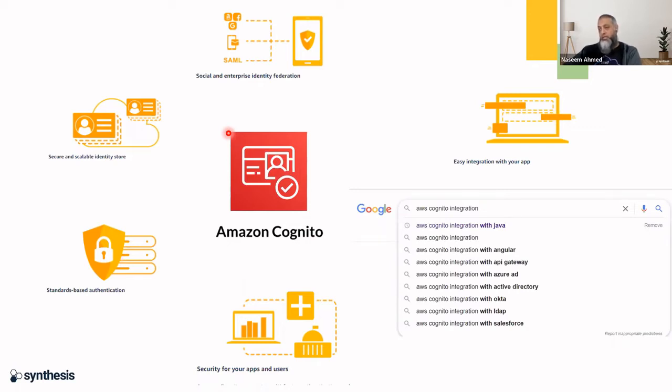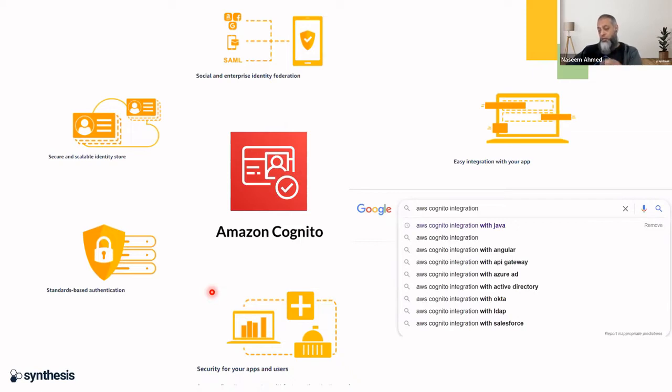It supports the standards OAuth 2, SAML 2, as well as OpenID Connect. So it's a standard space. It supports multi-factor authentication. It supports encryption of your data at rest as well as in transit. It is PCI compliant. It is SOC compliant. It's ISO compliant as well as HIPAA eligible.